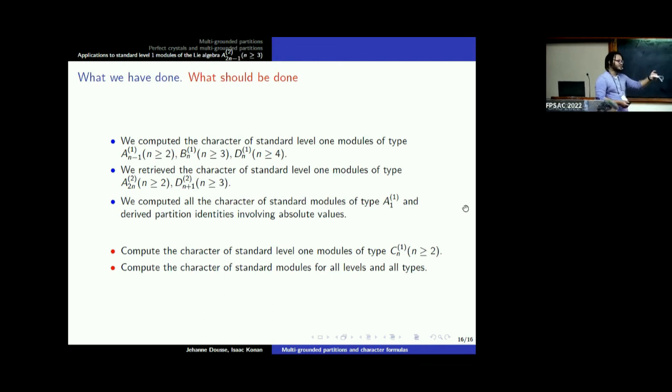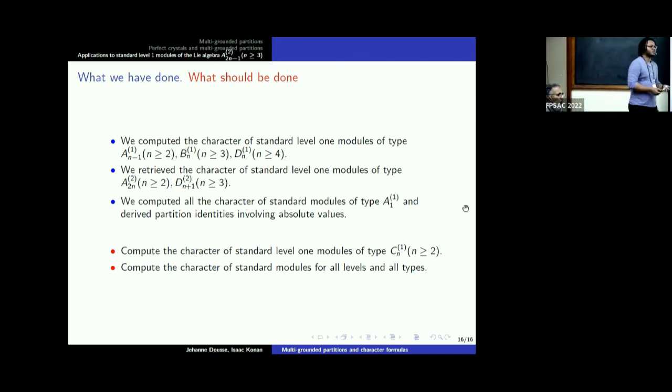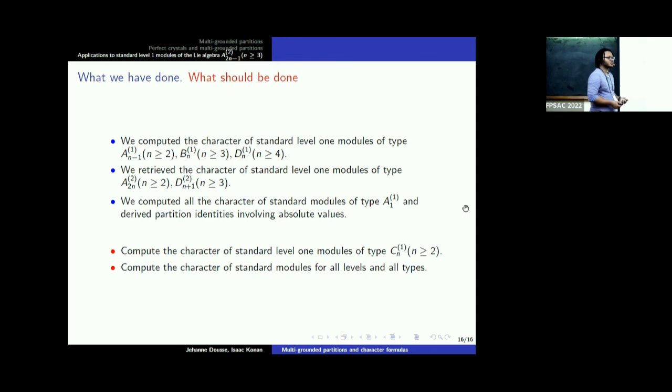But at the end, the character is unique. So you have different ways to express the same character as a generating function of multi-ground partitions. So you basically understand how your combinatorics changes when you change your representation.